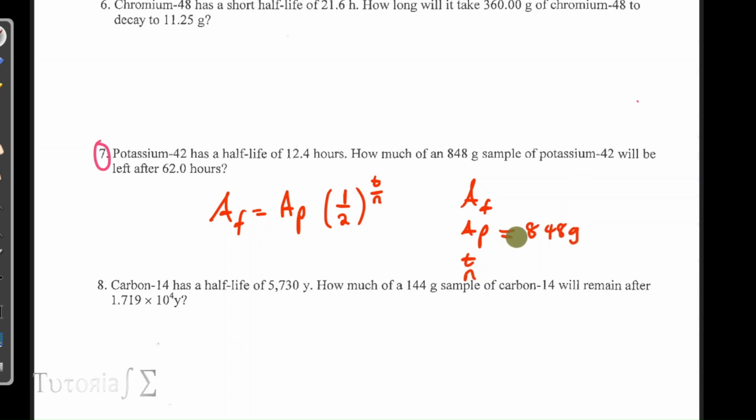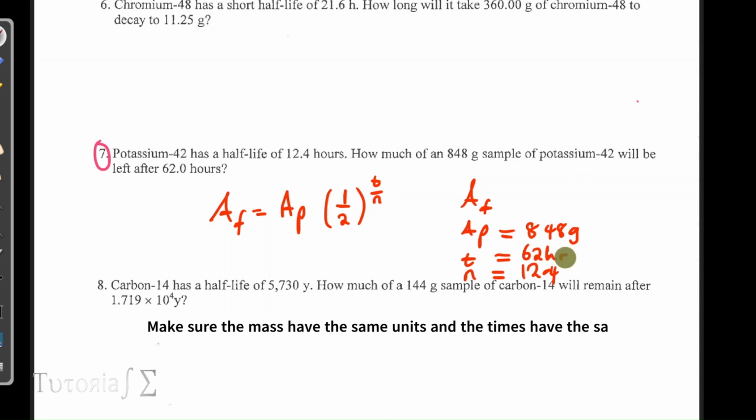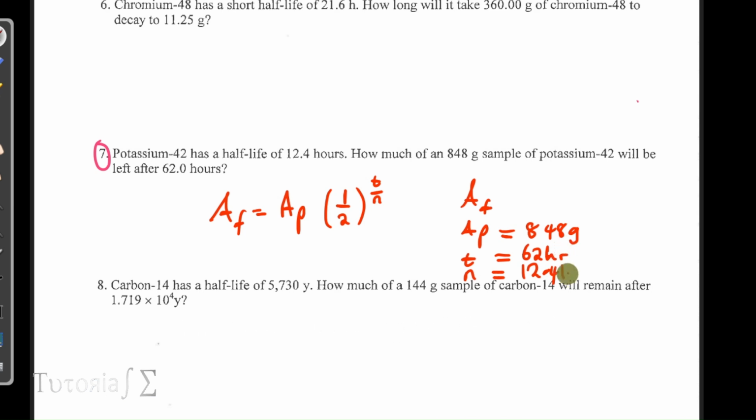Then we have n, the half life, which is 12.4 hours. Then we have the time, which was 62.0 hours. But we do not have AF, so this one is a straight giveaway.